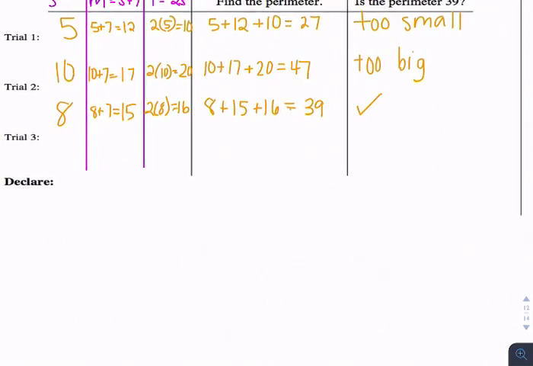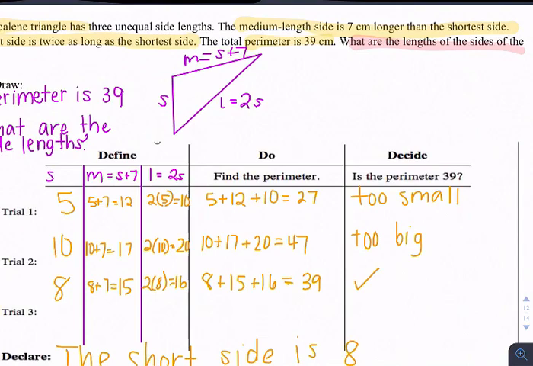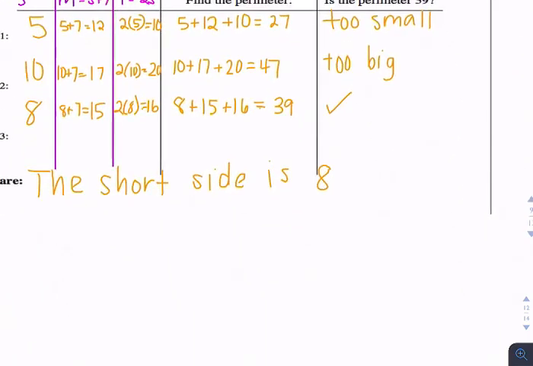Now you don't have to make this super wordy. You can just answer the question, but it should be in a complete sentence. So I could say the short side is 8, and I believe we were working in centimeters, yes, 8 centimeters.